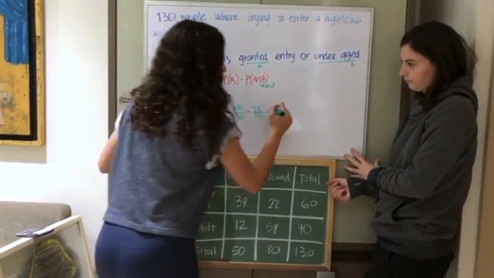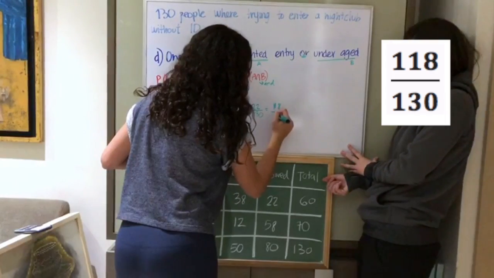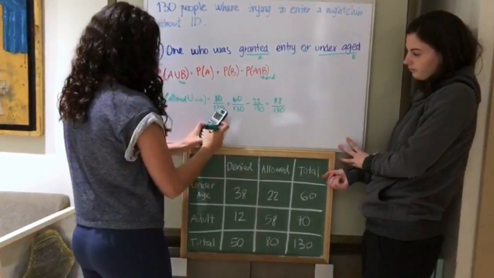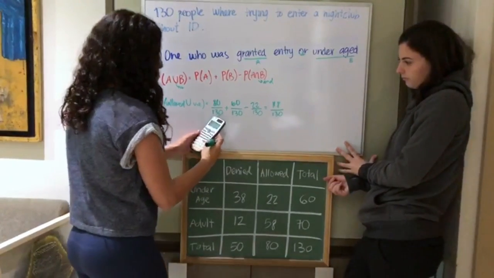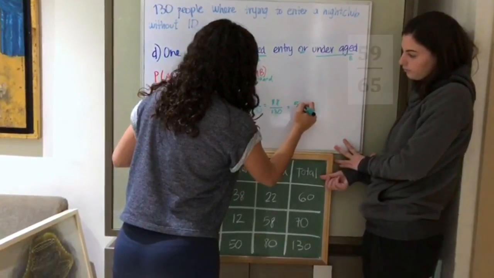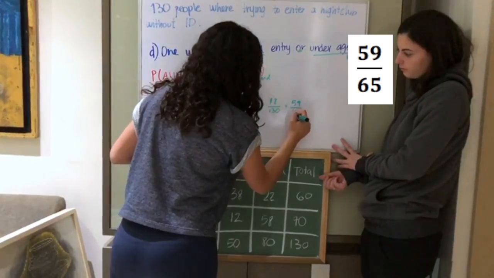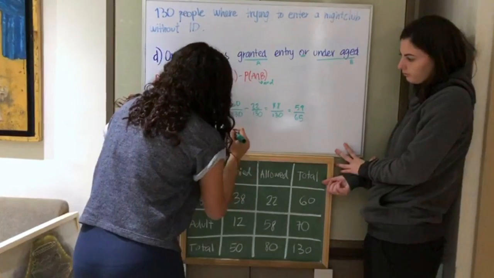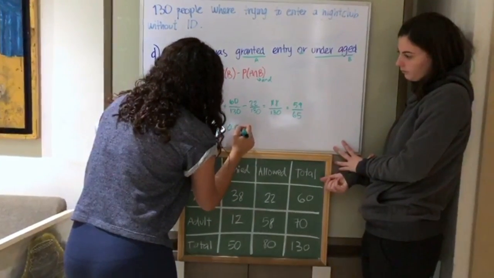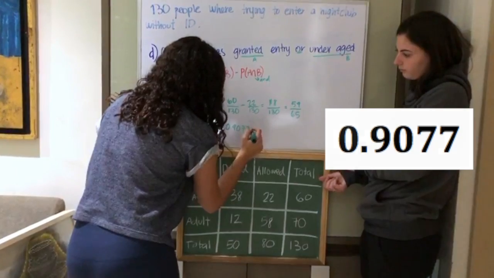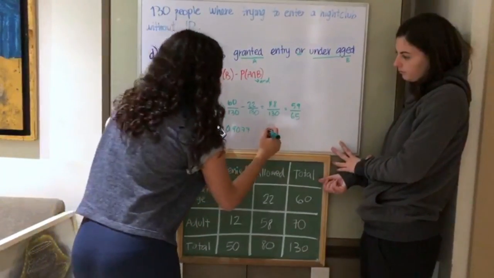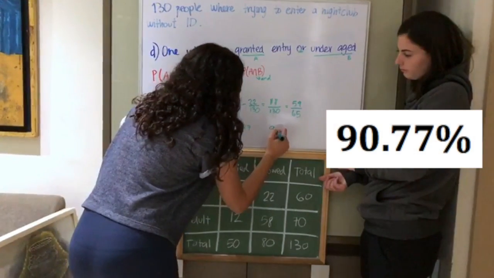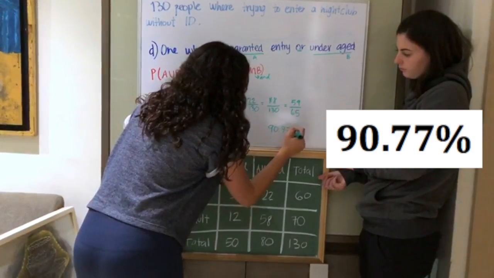And this will give us 118 out of 130. If we simplify this, we're going to get 59 out of 65. And we can express this also in decimal form, or in percent. You just move the point 2 places. 90.77%.